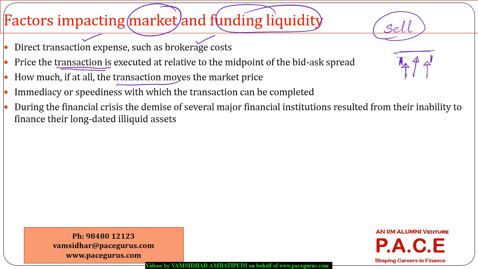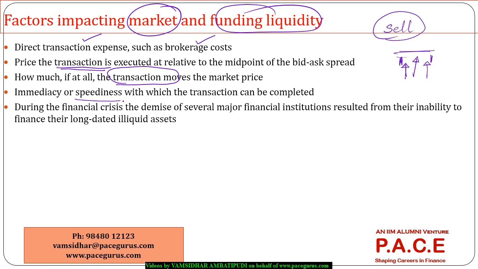To what extent can one single transaction really move the market price? And if it is able to move the market price, to what extent is the market price getting affected because of one single transaction? So that is also another important measure that can impact the liquidity of the market.